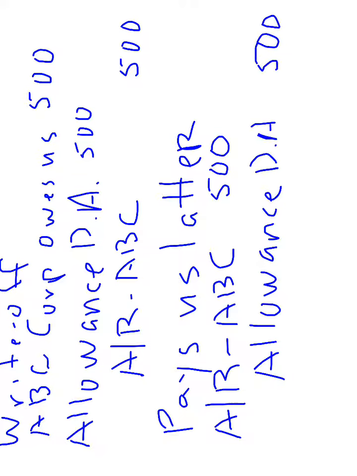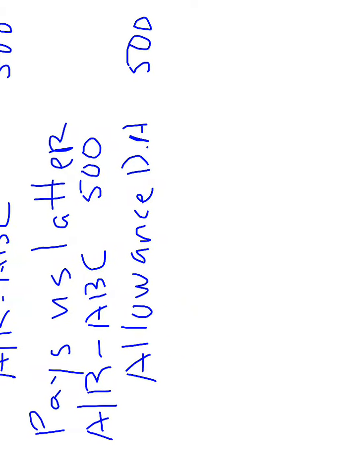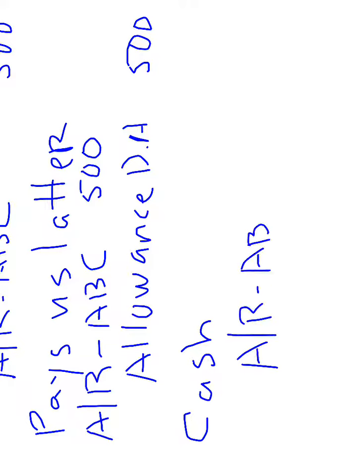And then we will collect this money, just like we did in the previous problem, where we had cash, and then we have the accounts receivable for ABC. So this is how we would make all the entries that we need to make under the allowance method for sales.